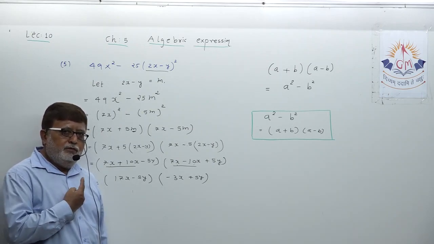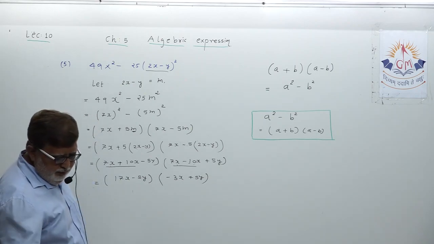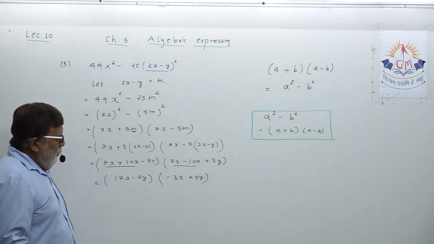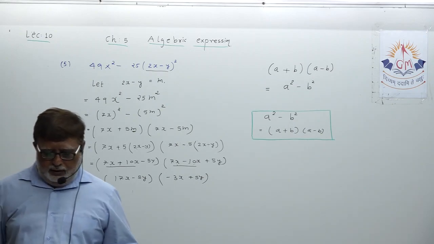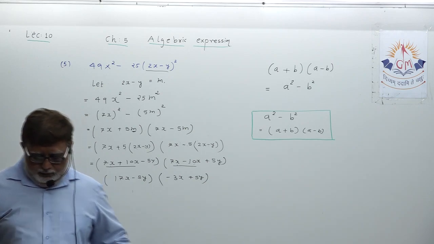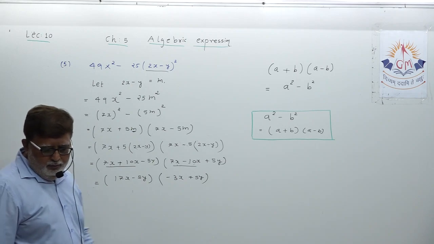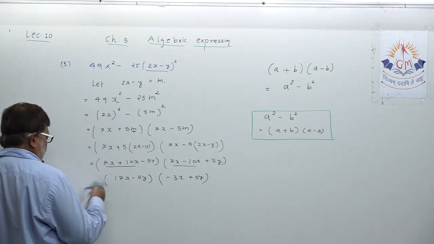Either it appeared in the first term or it appeared in the second term. Okay. Verify this example. Then we are targeting examples involving two brackets. Is it clear in your mind?